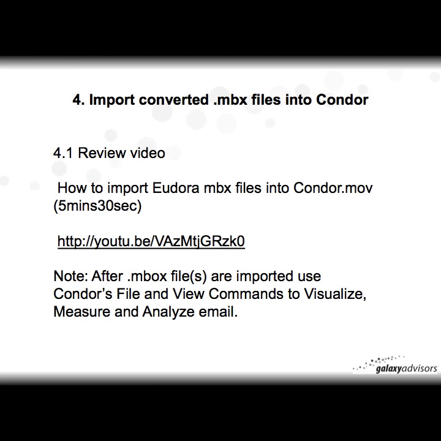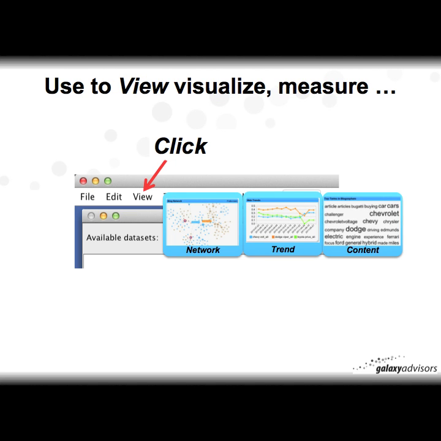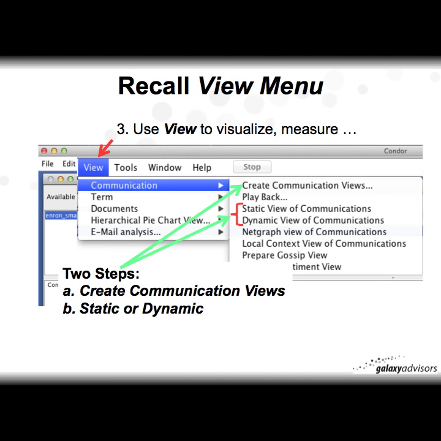And then from here, you're going to use the file and view command. So at this point, after you've imported your MBX files, you're going to click on the file command and open that email database. You're then going to click on the view command to visualize that network and use the various Condor measures to display.